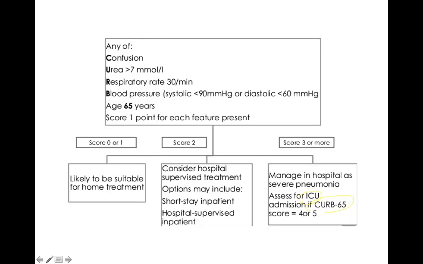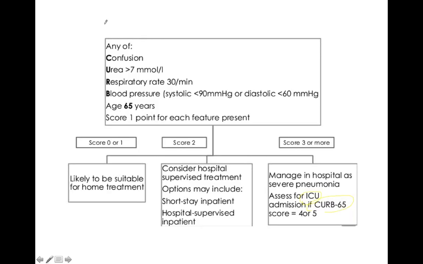So we admit the patient, and the patient has community acquired pneumonia. If the patient is producing rusty sputum, that's characteristic of pneumococcus. And if the patient has greenish pus, then it's characteristic of Pseudomonas.